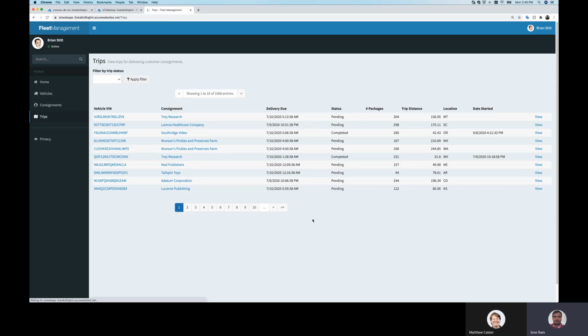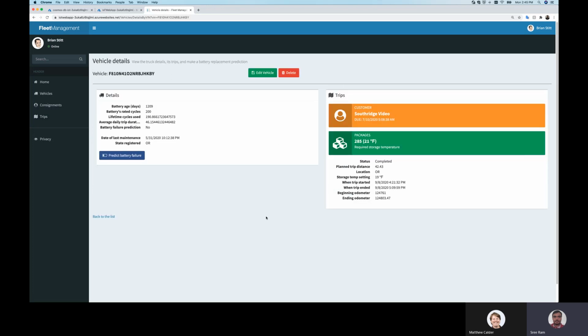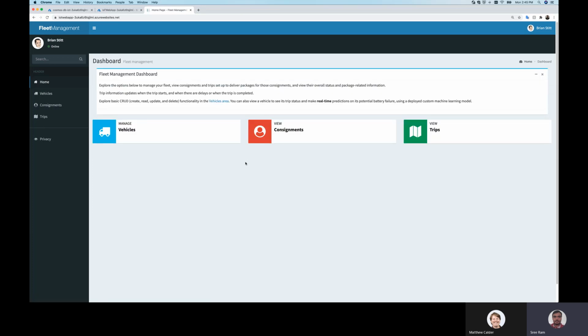And last but not least, a very important view is the trips view, wherein we have the relationship established between vehicles, consignments, and the number of packages in each consignment, the trip distance, whether the trip is started or finished, and all other details could be viewed from here. This is a simple application, but nevertheless, it shows you how someone can visualize all the data and perform CRUD operations against our backend database in the form of Cosmos DB.